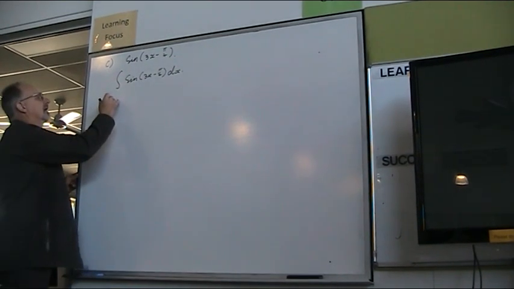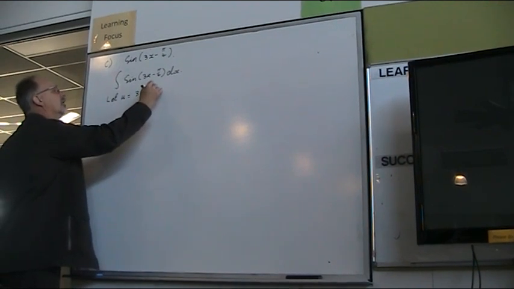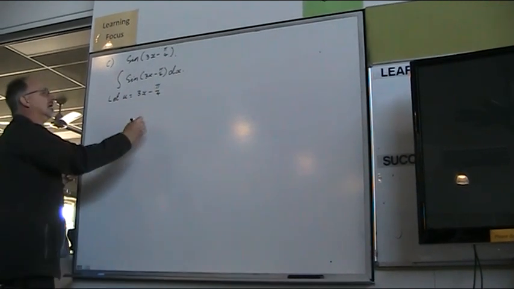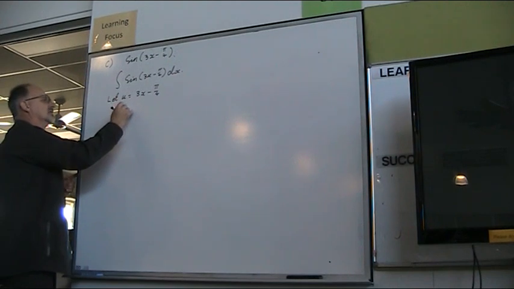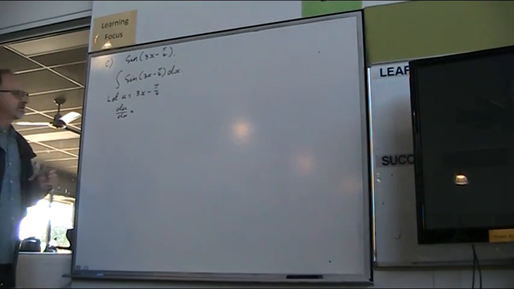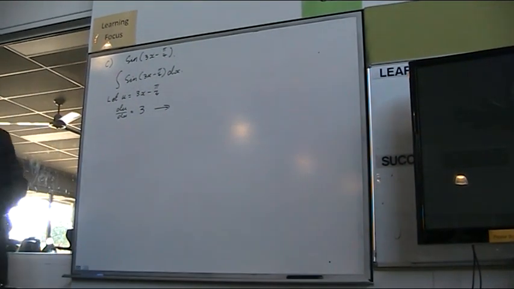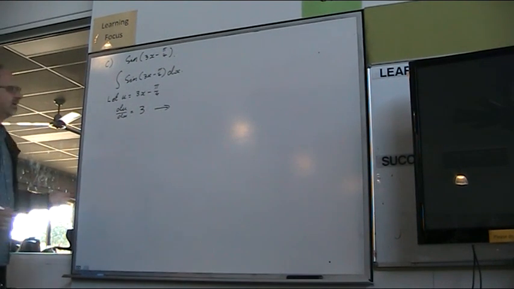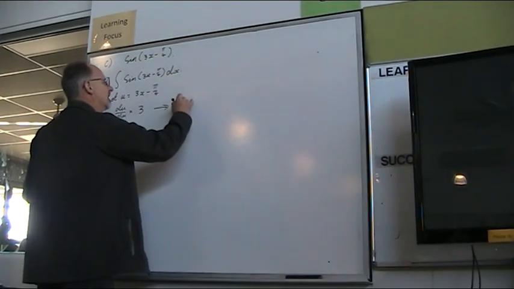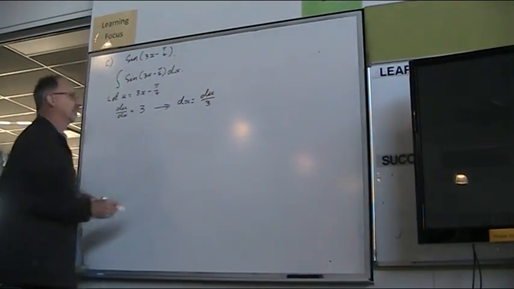So we can say let u equal 3x minus pi on 4, and so du dx would be 3. From that, if we do that rearrangement like I did before, you can say that dx would be du over 3.